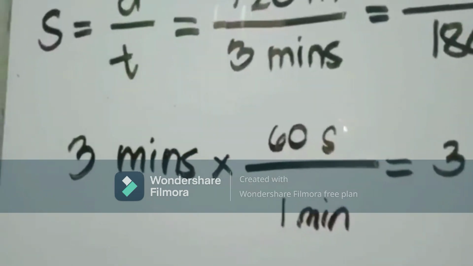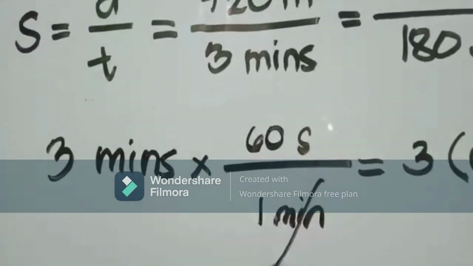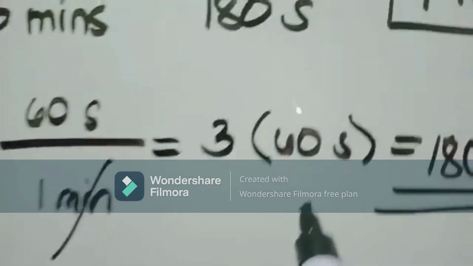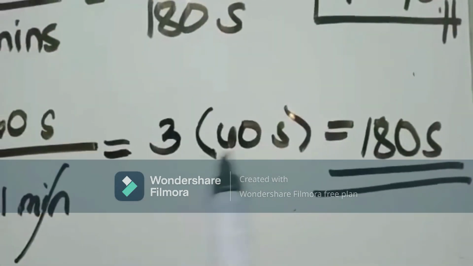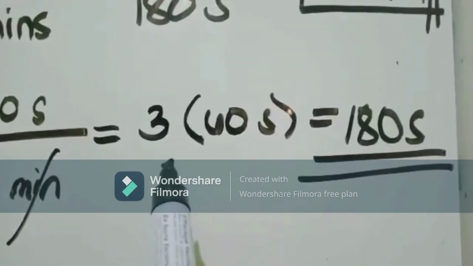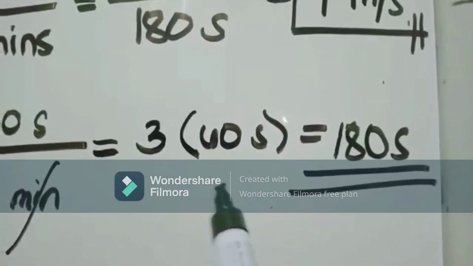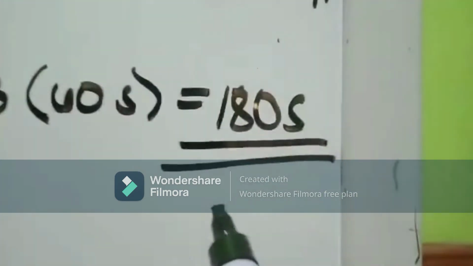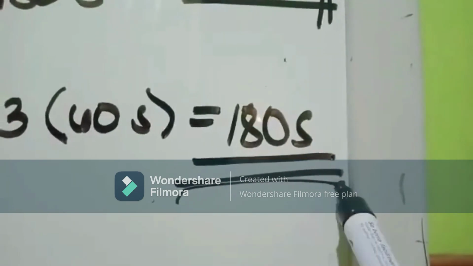So we cancel minute and minute. The remaining is 60 seconds and the 3. So multiply 3 by 60 seconds and the answer will be 180 seconds.